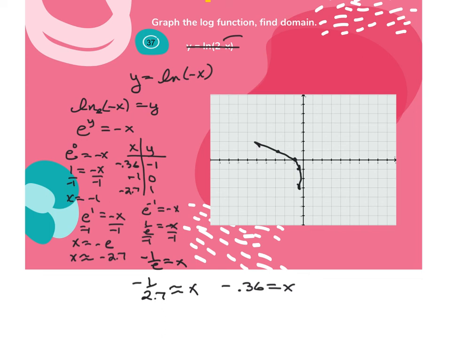And again, if you think about it, the regular ln x function would have been over here. So this negative sign is indicating that it's like a reflection. Again, I still have this vertical asymptote. So the graph of y equals ln of negative x is here in black. So that is it for the notes on 5.2.